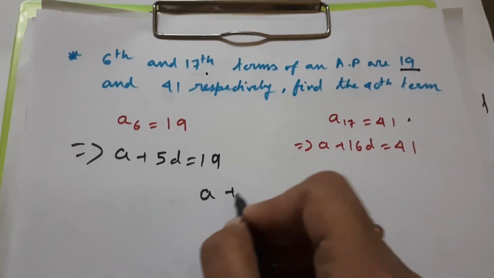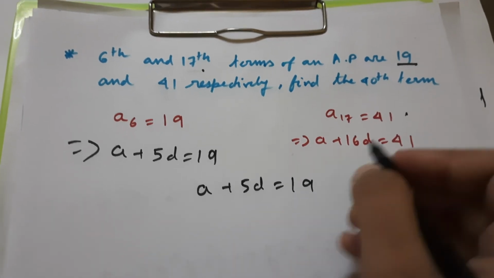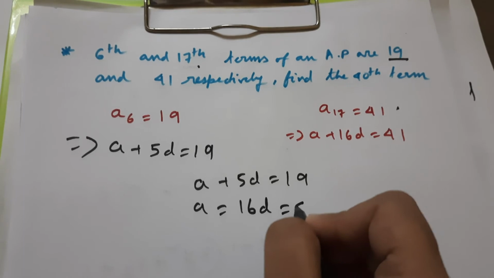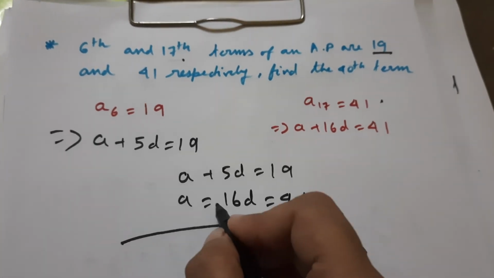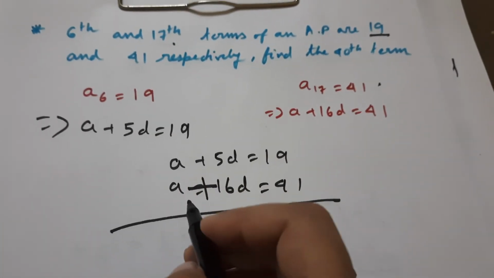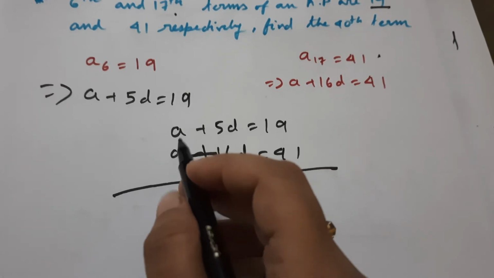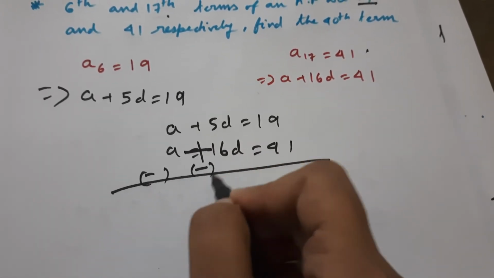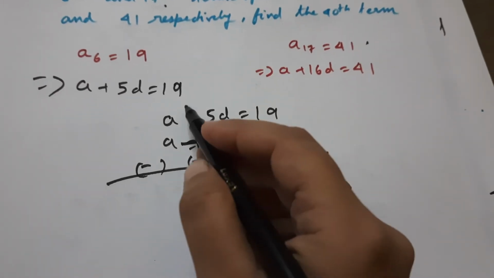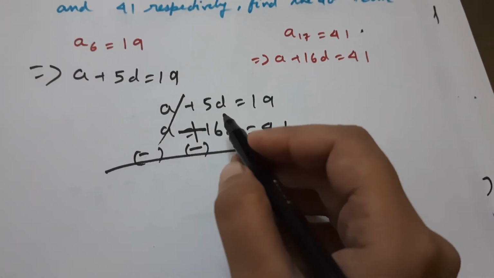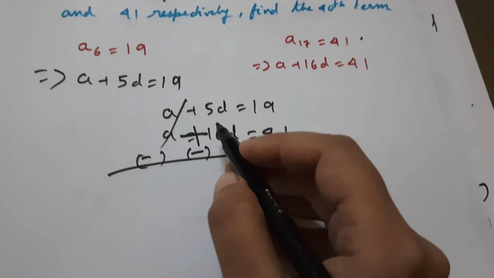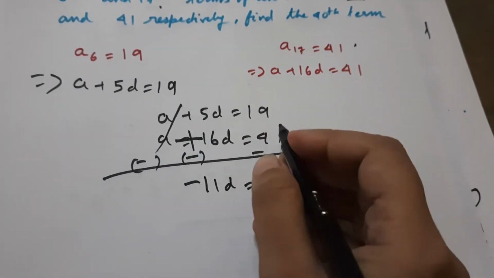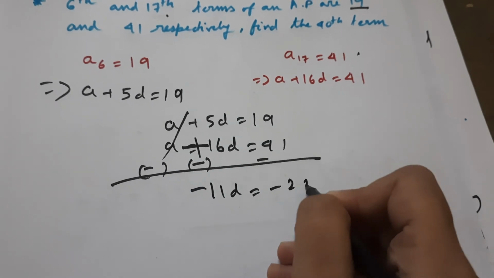Here a plus 5d equals 19 and a plus 16d equals 41. Now we subtract these two equations: a minus a cancels, 5d minus 16d is minus 11d, and 19 minus 41 is minus 22.